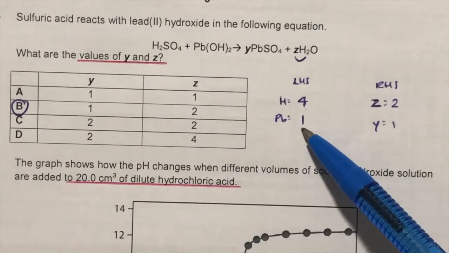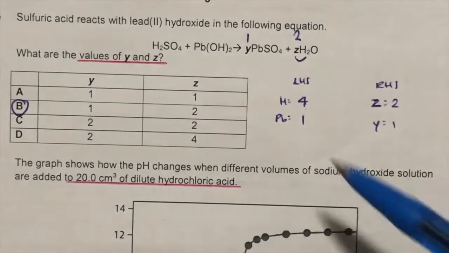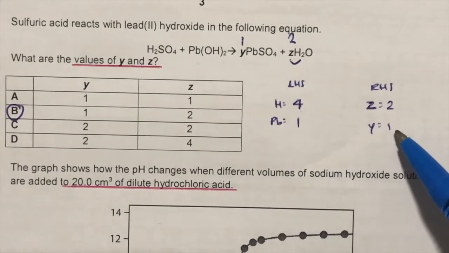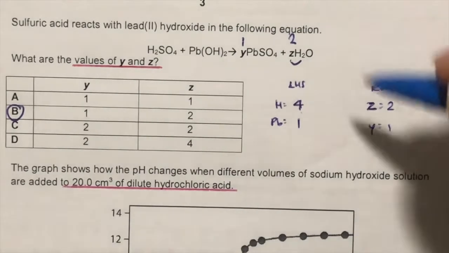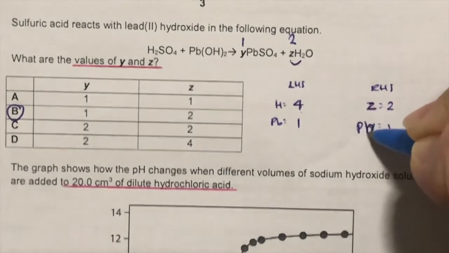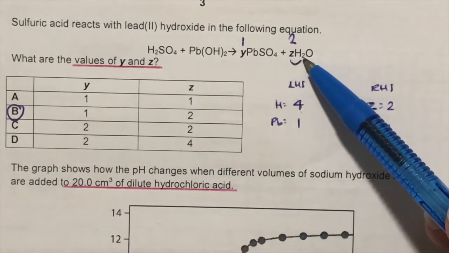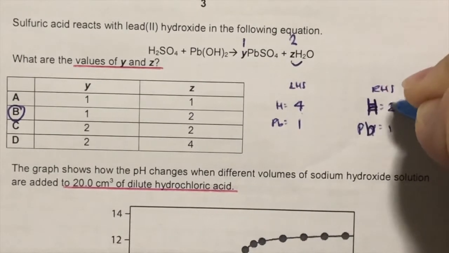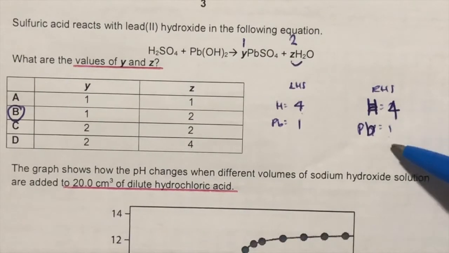And then for the right hand side, if we put the values again, 1 and 2, we will see that there is 1 lead, which gives me a Y, which means lead is 1 because there is 1 lead. And if Z is 2, 2 times 2 will give me 4, which means my hydrogen will be 4. And in this situation, my equation is balanced.